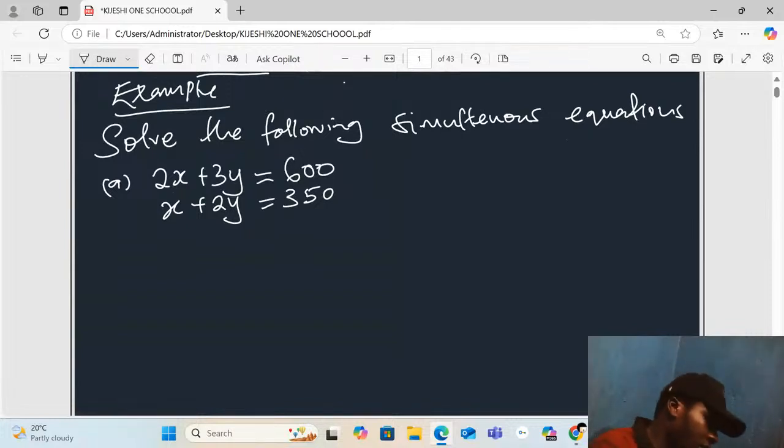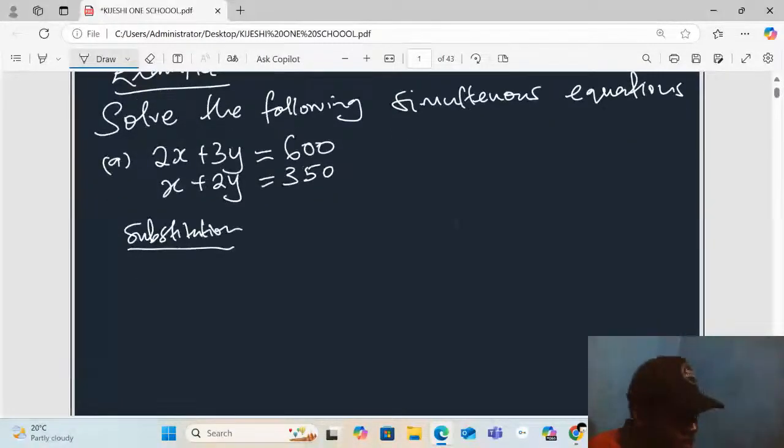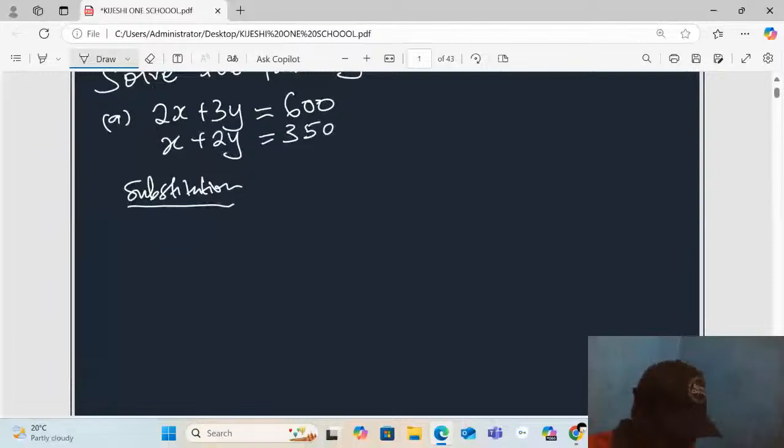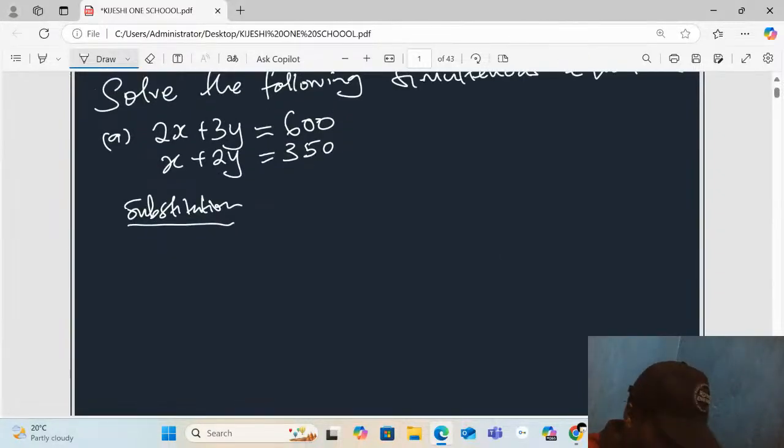We can start with the substitution method. Using the substitution method, you make one unknown the subject, that is, take x or y to be the subject.